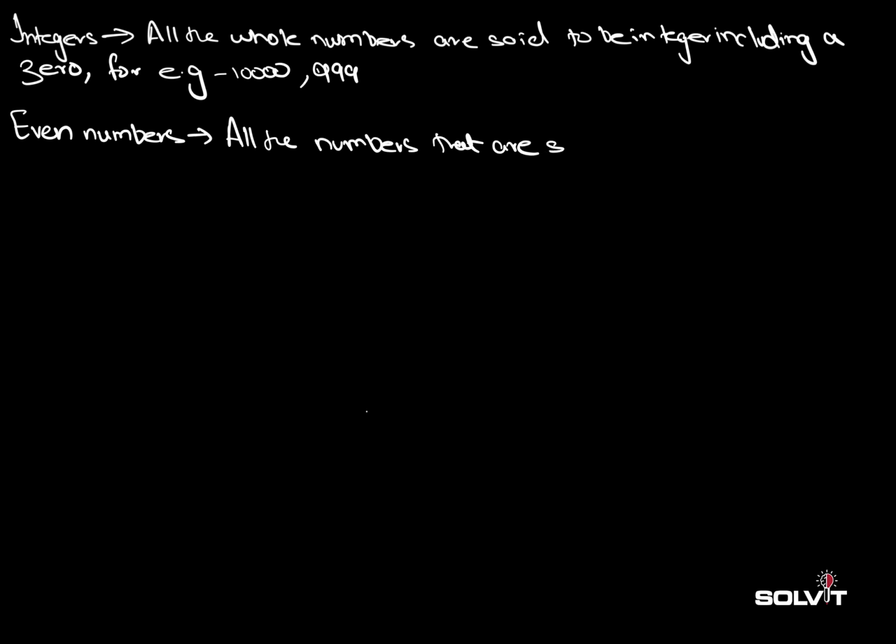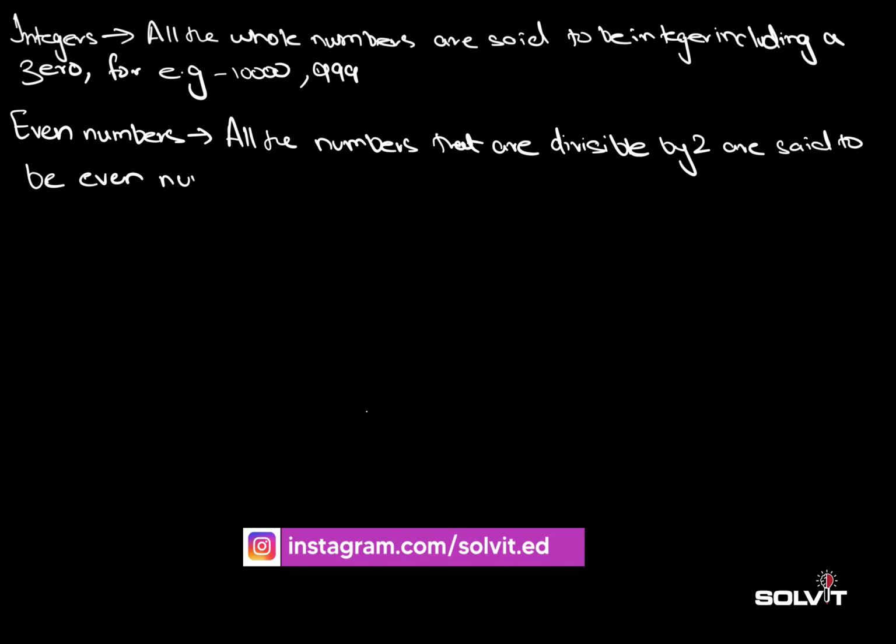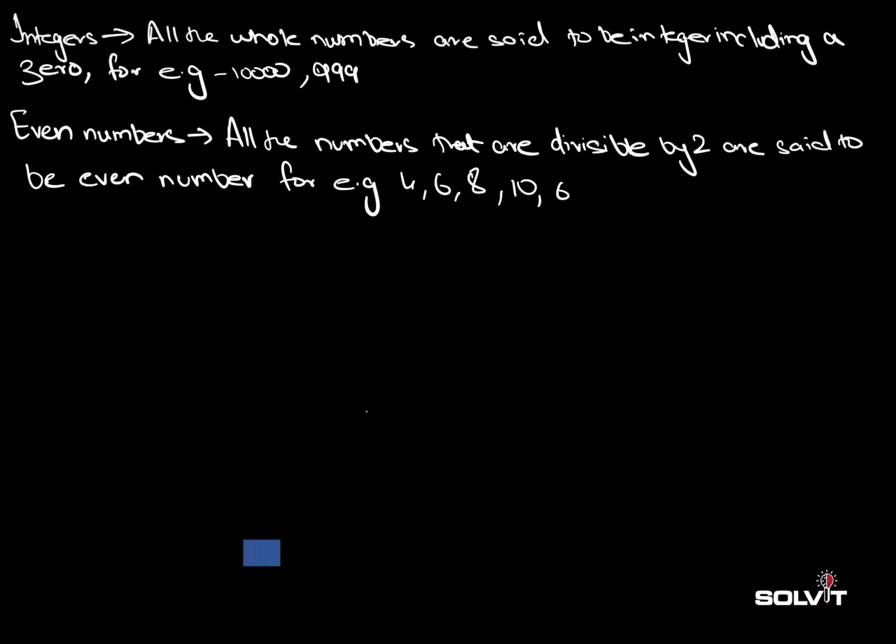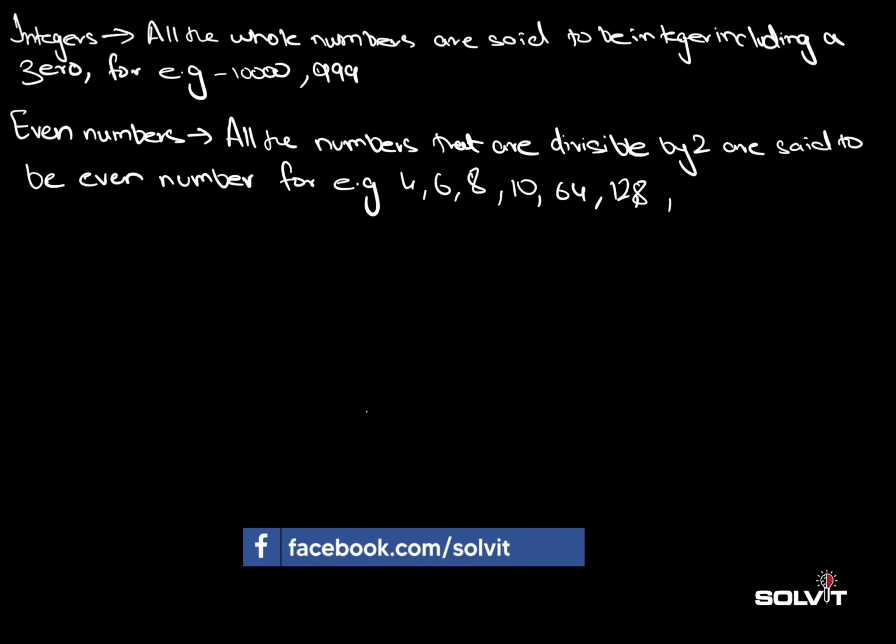For example, the best examples would be 4, 6, 8, 10, 64, 128, 196. Anything that is divisible by 2 is said to be an even number.